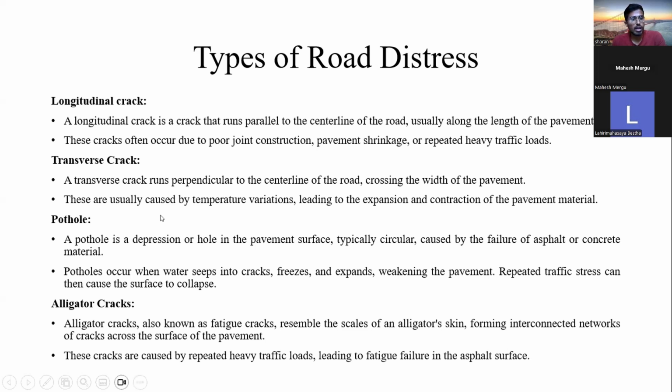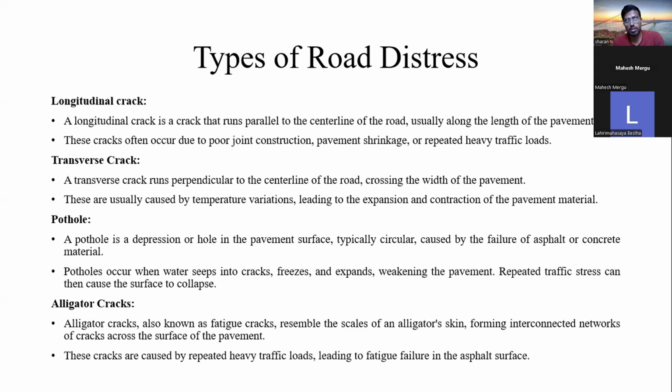Potholes occur when water seeps into the cracks. During rainy seasons, the water seeps into the roads and damages them.